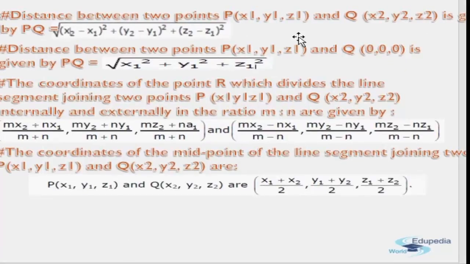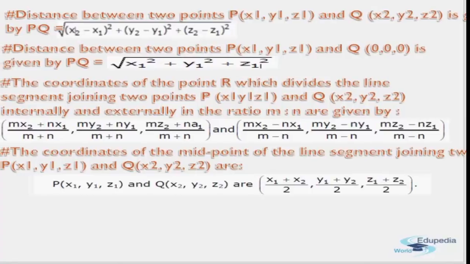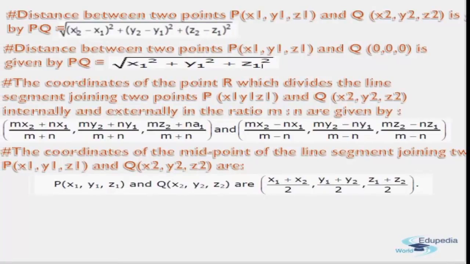Now this slide basically shows some of the formulas. Some of the formulas are pretty basic, just a continuation and the extension of the formulas that we have been studying before. Distance between 2 points was x2 minus x1 whole square plus y2 minus y1 whole square and under root of all of this.